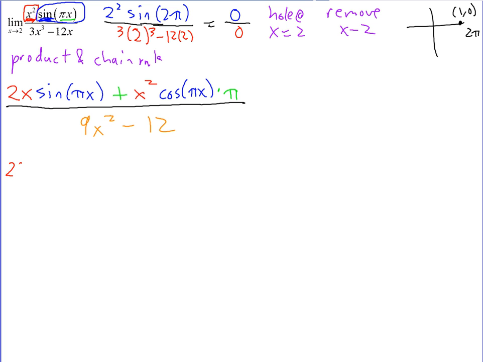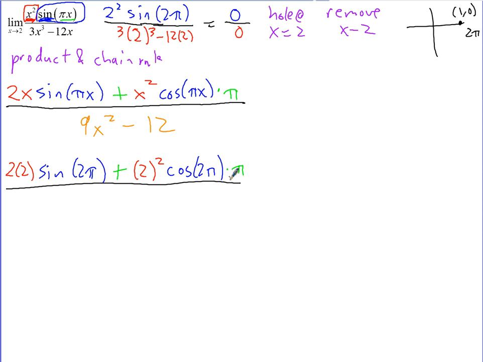So we'll have 2 times 2 times the sine of 2 pi plus 2 squared cosine of 2 pi times pi. All divided by 9 times 2 squared minus 12.